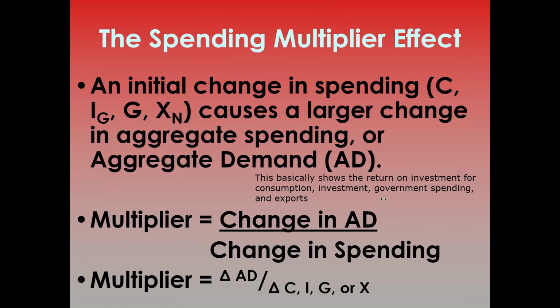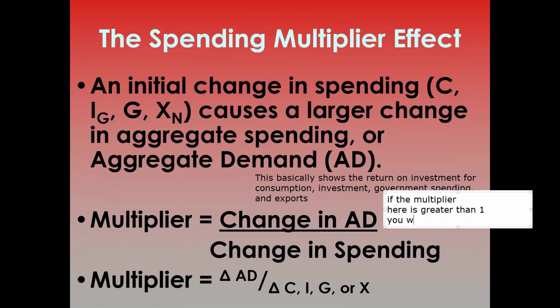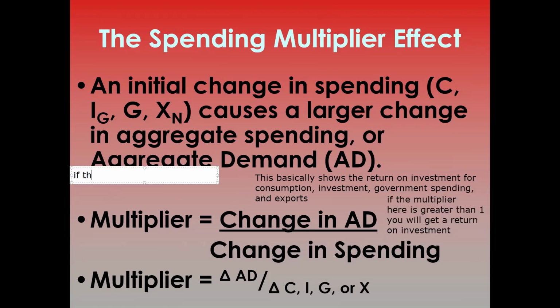If the multiplier here is greater than 1, you will get a return on investment. And if the multiplier is less than 1, you will make a loss on your investment.